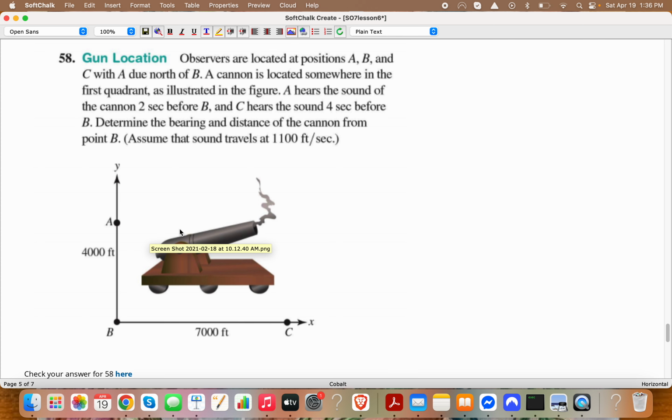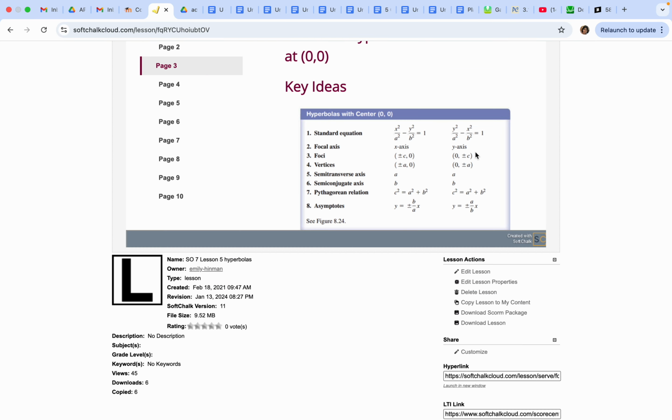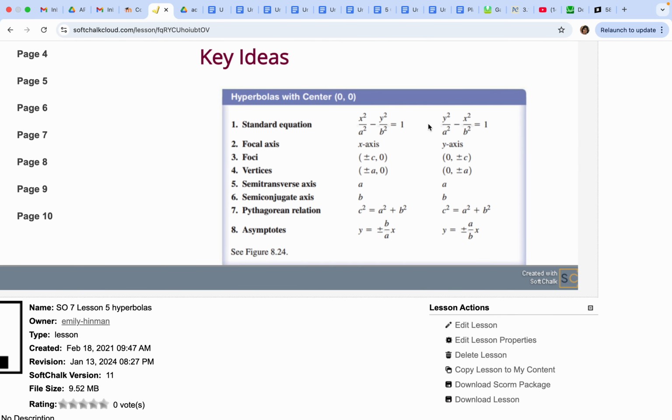hyperbolas. This one is on the y-axis, so it's going to be some vertical translation up, and this one is on the x-axis, but it's going to be some horizontal translation over. I was looking at these formulas, a combination, because we need one of each, and we need to move it either up or over, but not both.